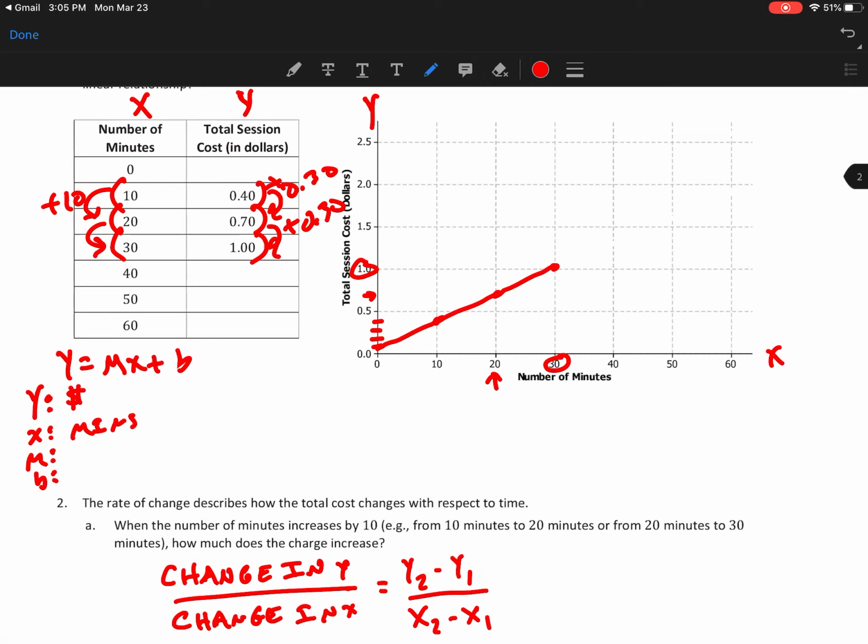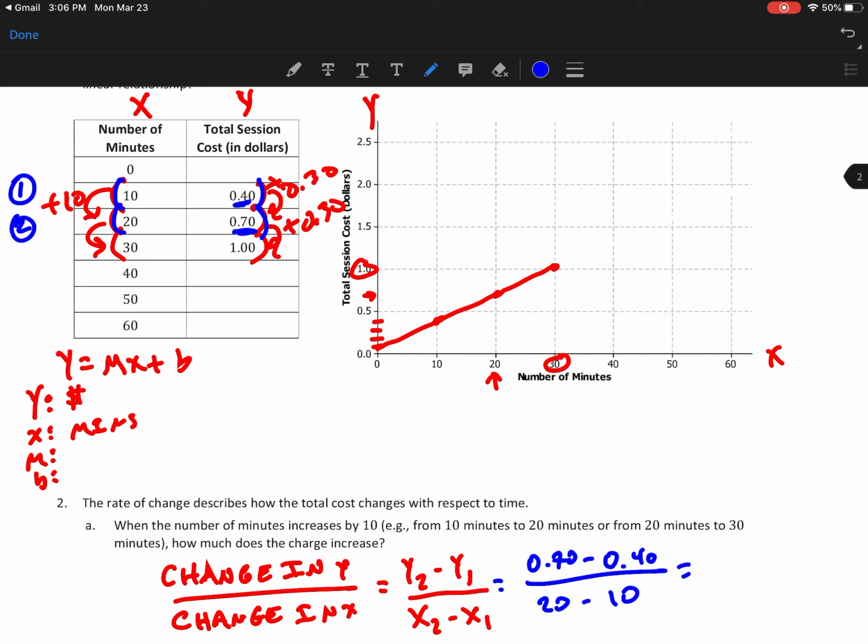So if we look at this one and we look at this one, we can say that this is coordinate 1 and this is coordinate 2, making that y of 2, so 70 cents, minus y of 1, 40 cents, over x of 2 minus x of 1: 20 minutes minus 10 minutes.